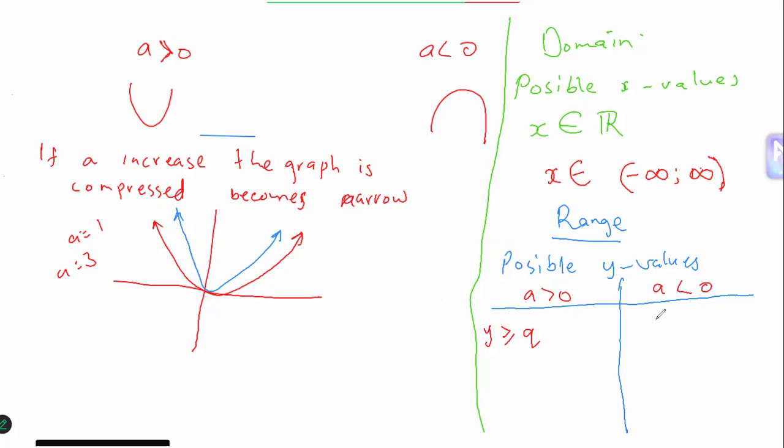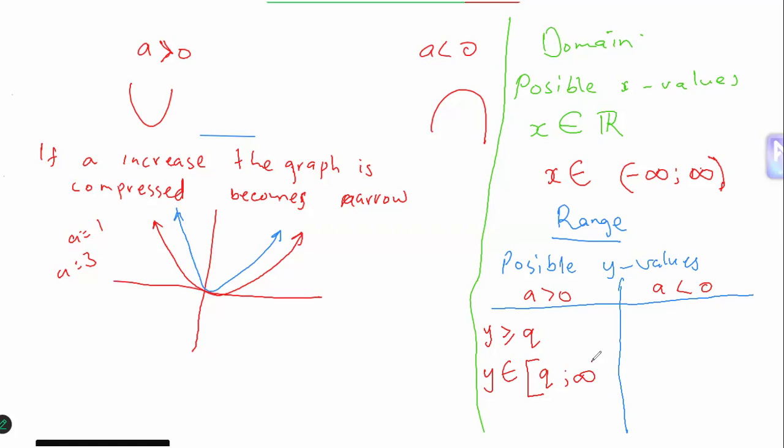But if it's concave down, okay, this is one way of representing it. You can also represent it in this way. y is an element of what? Notice here the bracket, it's a square bracket, and then q, and then positive infinity.